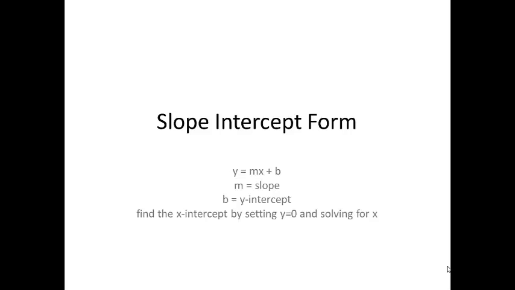You have learned how to write a linear equation in slope-intercept form, y equals mx plus b, where m equals the slope and b equals the y-intercept. You have learned how to find the x-intercept by setting y equal to 0 and solving for x.